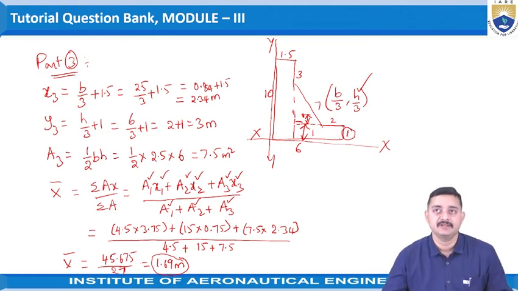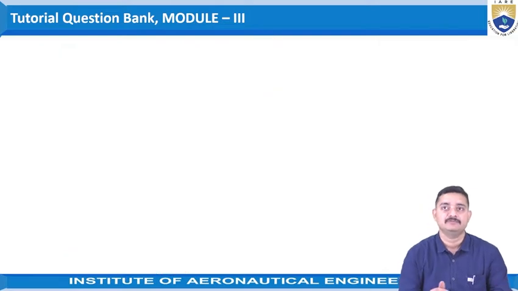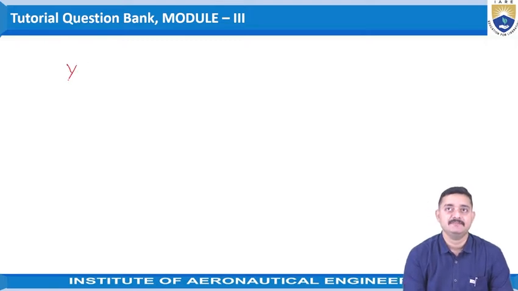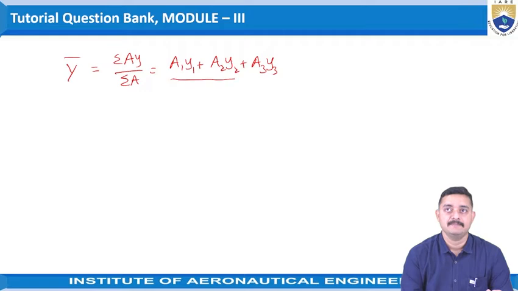Now similarly, we can substitute the values of y1, y2, y3 and A1, A2, A3 to identify the y coordinate of the centroid. The formula is y bar equals sigma Ay by sigma A, that means A1y1 plus A2y2 plus A3y3 by A1 plus A2 plus A3.